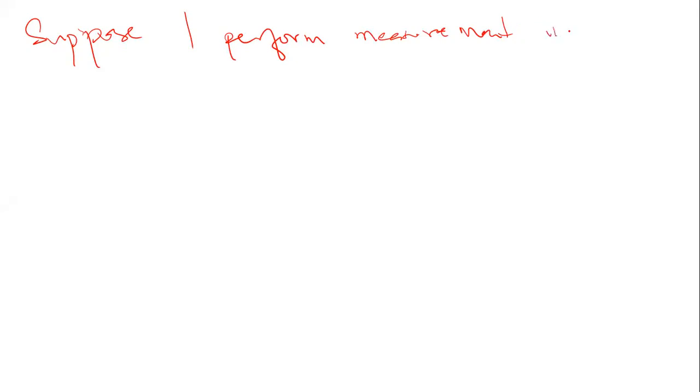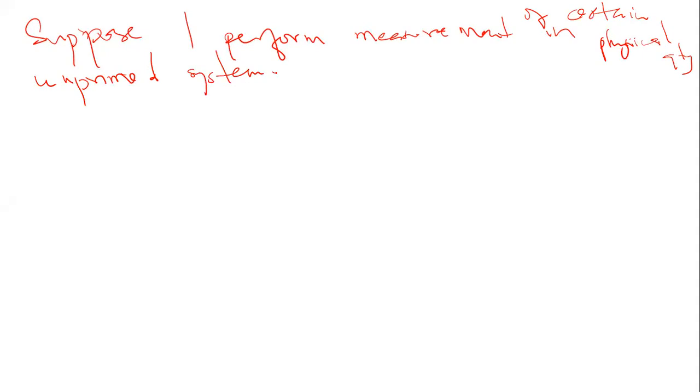Now, for example, suppose I perform a measurement of a certain physical quantity in the unprimed coordinate system, and that physical quantity has components in that unprimed coordinate system like this: b^i_jk.